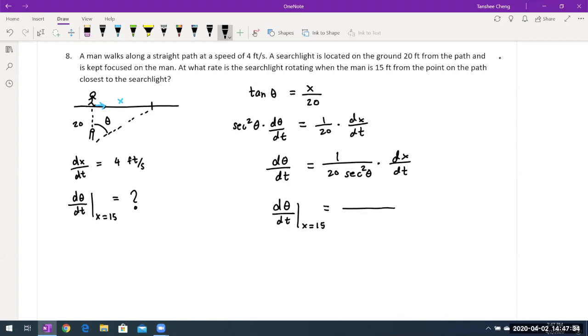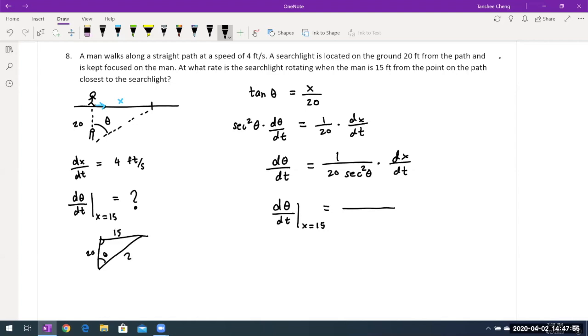The easy part is we can plug in all the values, but we need to know how to find the secant squared. So we need to go back to the picture and talk about that instantaneous case, this angle theta, where one side is 20 and the other is 15.